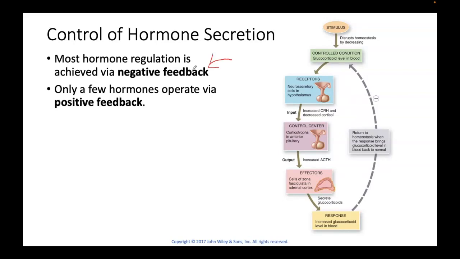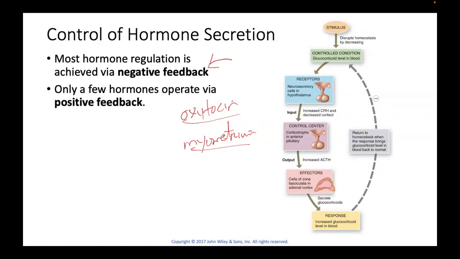A positive feedback loop is when you bring on more of that same type of physiological response. So when a woman is in labor and releasing oxytocin, oxytocin is going to make the myometrium of the uterus contract.